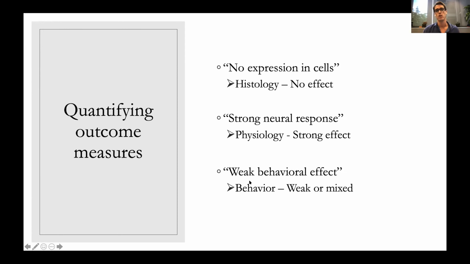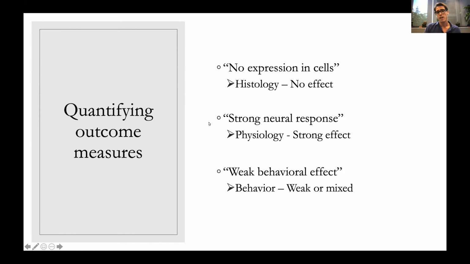And behavioral effects can go from very simple eye movement generation to influencing a decision variable in a social decision-making experiment, for example. And then I have a look at the strength of the effect that's reported. Did they get no effect at all, or did they find a strong effect, or a weak or mixed effect of the manipulation, or did they not test it at all?